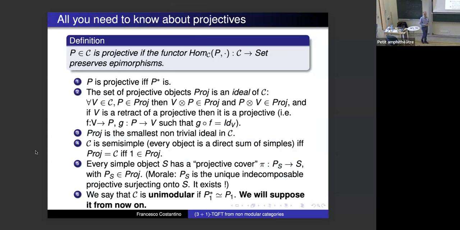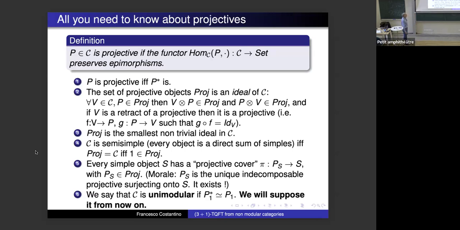Now we should say what a projective is. I am not going to get into the details, but there are a few things which are useful to know. First of all, what is a projective? It's an object with a special property: the Hom from that object preserves epimorphisms in the category. Whatever, I gave you the definition just because I need to give it, but I won't use it.